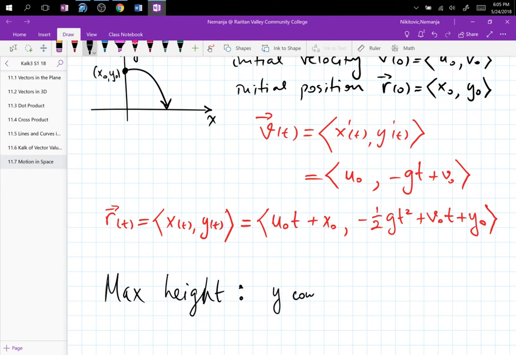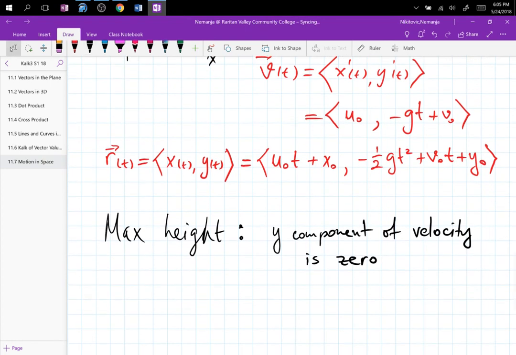The y component of velocity is 0. So that means this negative gt plus v0 is equal to 0. From there, you will get the time, t.